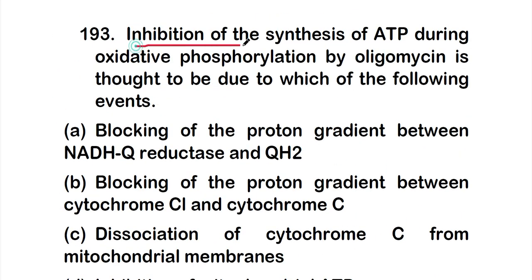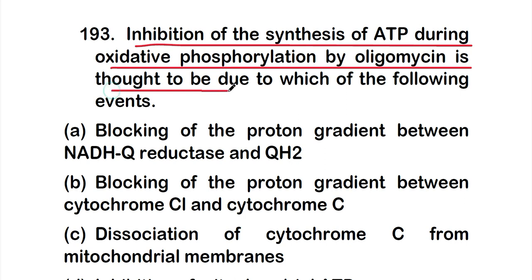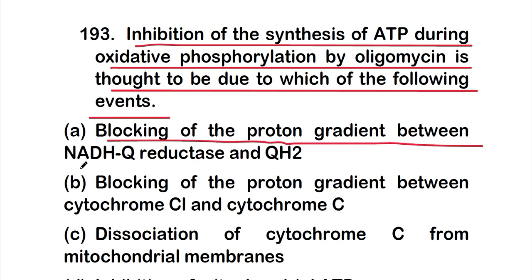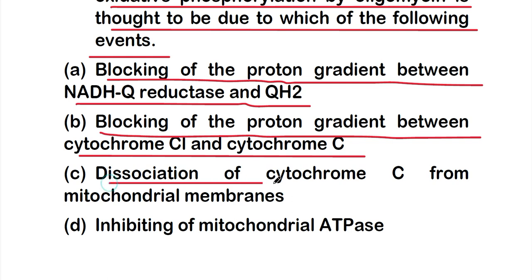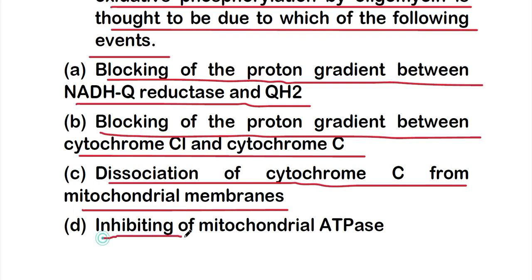Next is: inhibition of the synthesis of ATP during oxidative phosphorylation by oligomycin is thought to be due to which of the following events? And the options are: option A, blocking of the proton gradient between NADH-Q reductase and QH2; or option B, blocking of the proton gradient between cytochrome C1 and cytochrome C; or option C, dissociation of cytochrome C from mitochondrial membranes; or option D, inhibiting of mitochondrial ATPase.